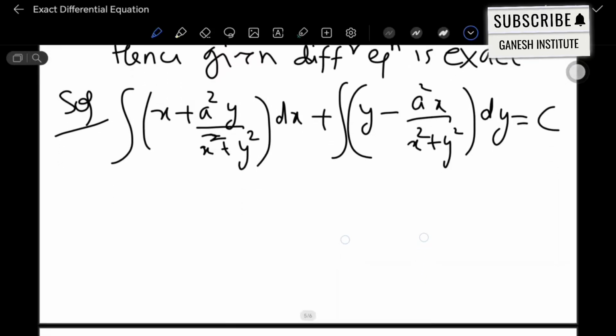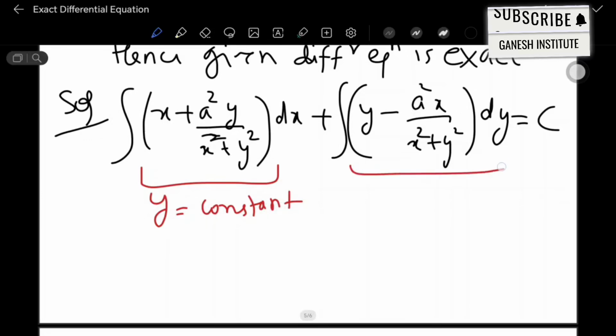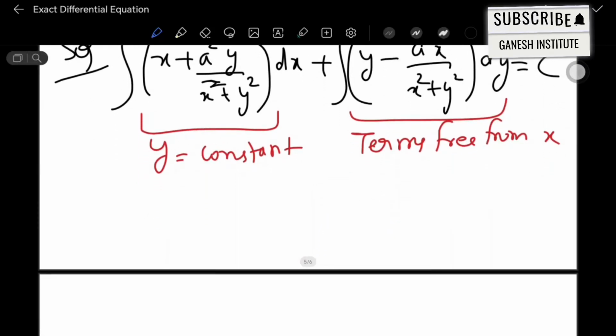Now the condition is I need to consider this by keeping y as constant, and in it I need to take only those terms which are free from x.